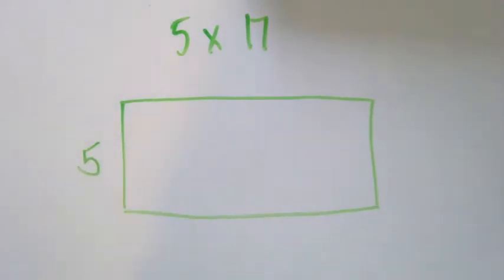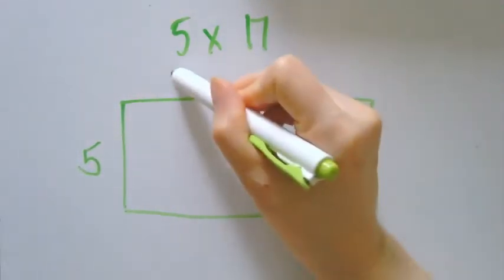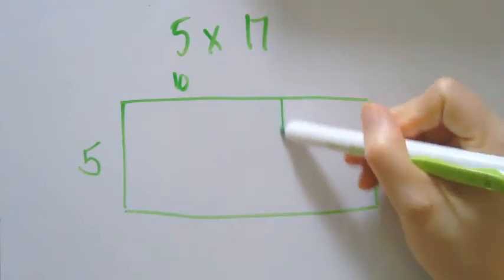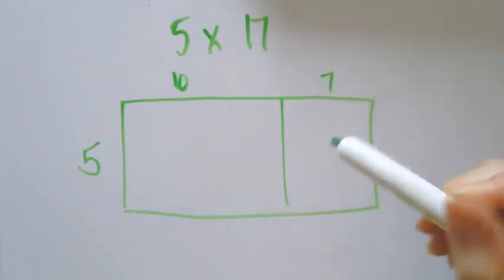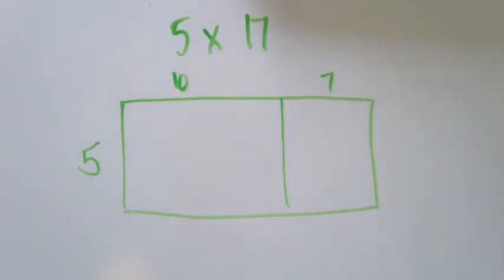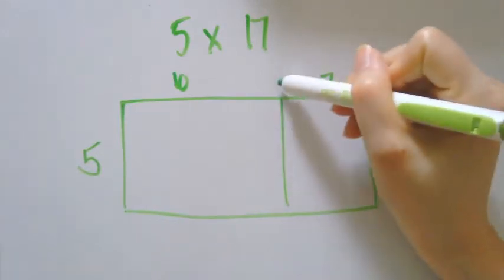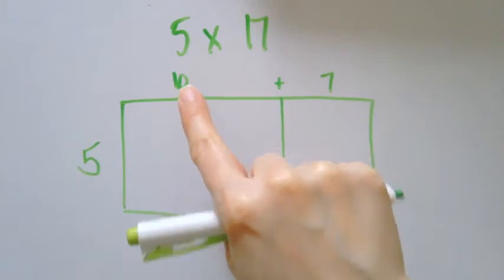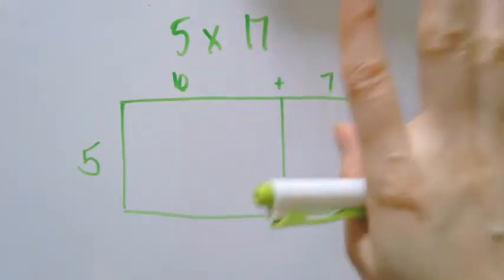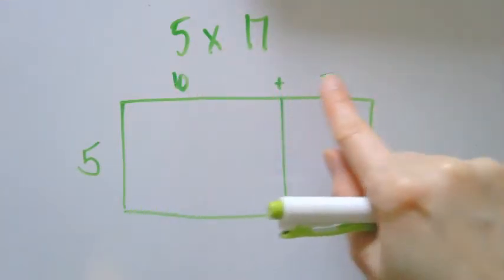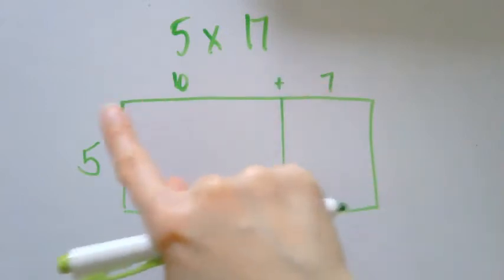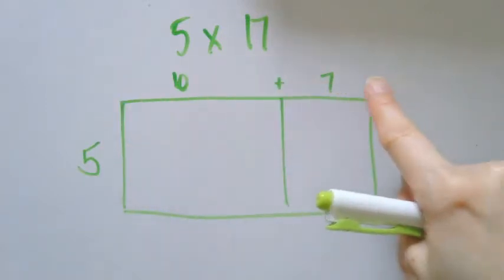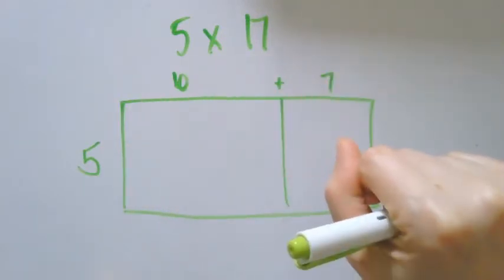That's expanded notation, right? All right, so I'm going to have 10 and 7. What I like to do is put a little plus sign here, because we just need to remember that it's not 10 over here and 7 over here just because, but it's 10 plus 7 that gives you 17. From here to here is 17, but we're going to separate it by its place value.